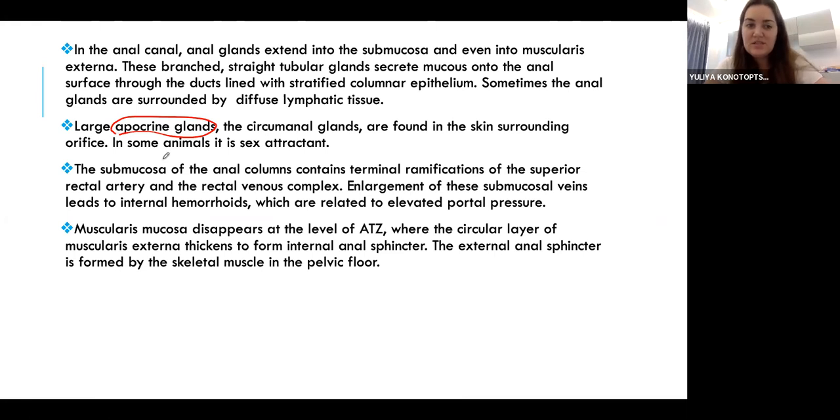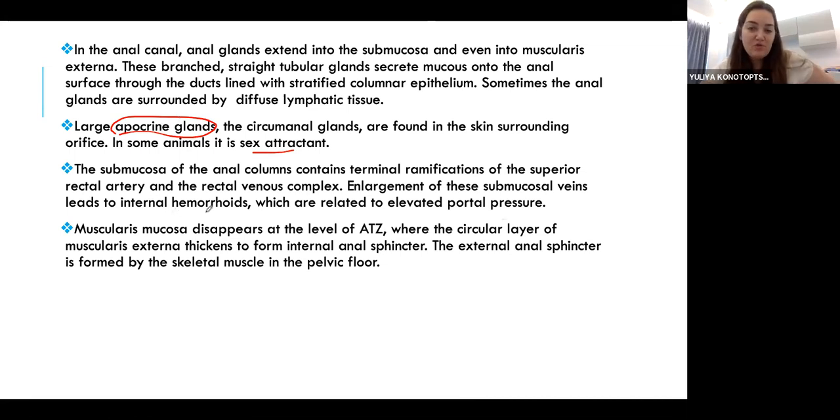So here it is working as a sex attractant, because you know that animals, for example dogs or cats, before they have sexual intercourse, they sniff the area. Okay, so they notice is it nice or is it not nice? Luckily we don't do this. So our apocrine glands are not for that reason whatsoever. In animals, yes, but in us, no.